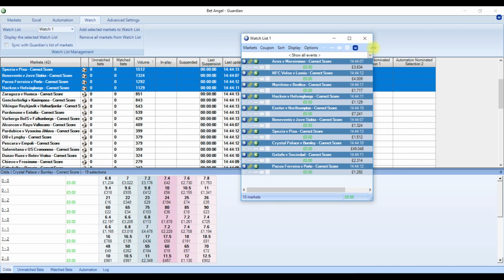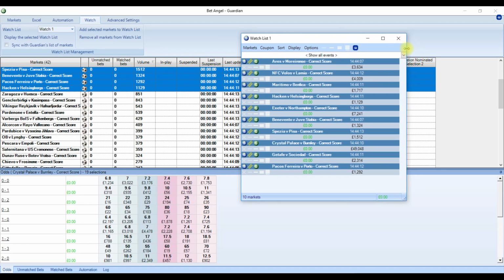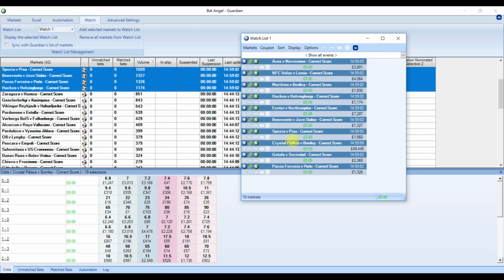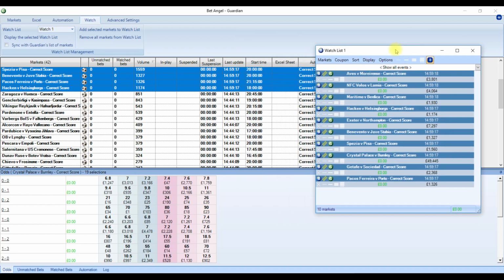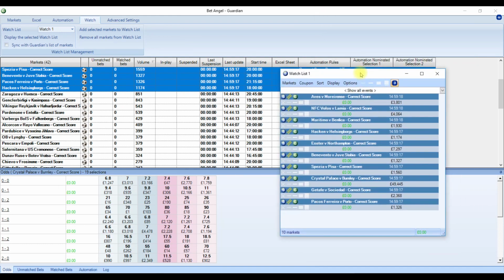Now if you maximise or drag across to the right, the scores will be highlighted in this column, but they're not on by default. To turn this alert on, you have to go to display and then highlight the alerts, otherwise it would just be like that. So if we highlight the alerts, then the score line will pop up on the right hand side. You can then pin this to the side on another screen, or whatever you want to do with it.